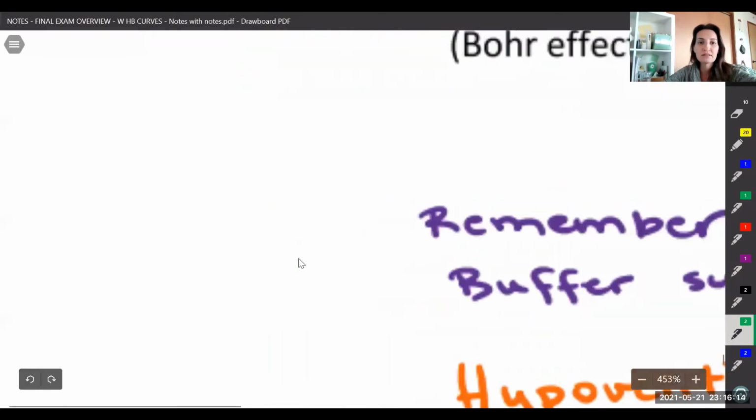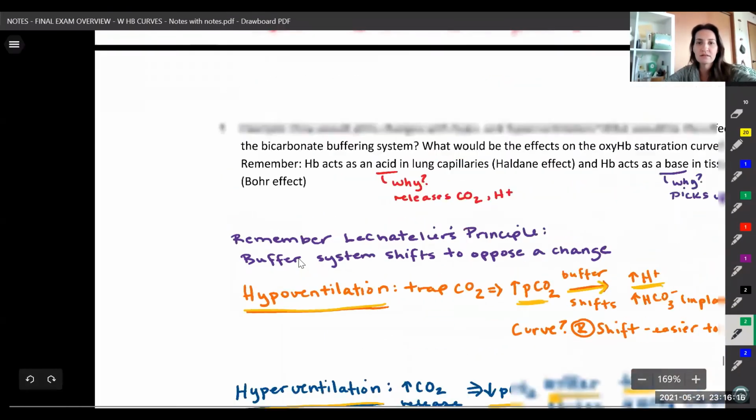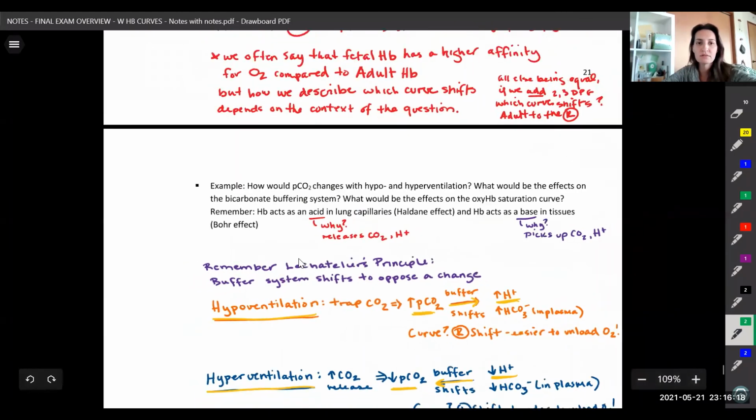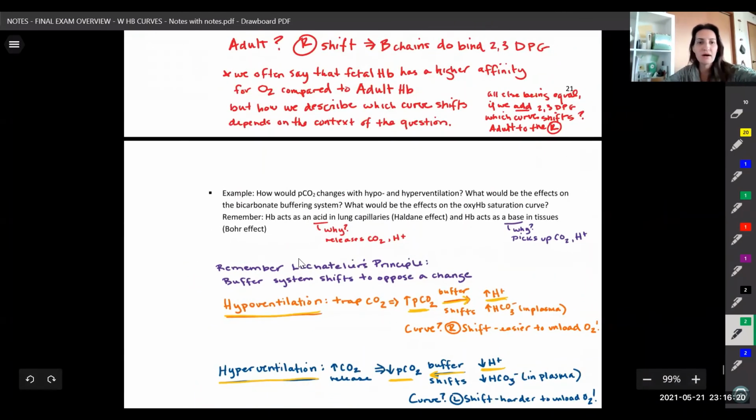But here, I want you to think about how the PCO2 changes with hypoventilation and hyperventilation. What would be the effects on the bicarbonate buffering system when we had hypoventilation and hyperventilation? And then extend that to the effects we would see for the oxyhemoglobin saturation curves.